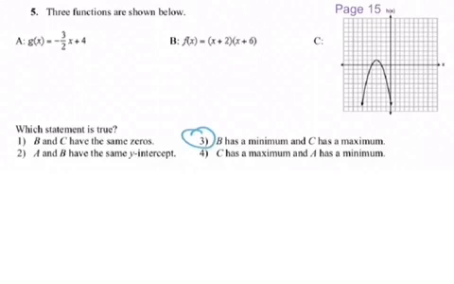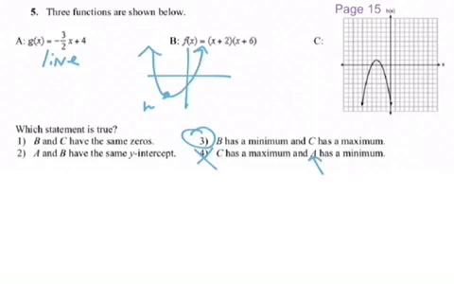In order to do this, you would realize that the first one for A is a line. A line does not have a min or a max, therefore it cannot be choice 4. For B, this would be a parabola. When you graph the parabola, you should probably make a table of values. You would notice that this has a minimum.